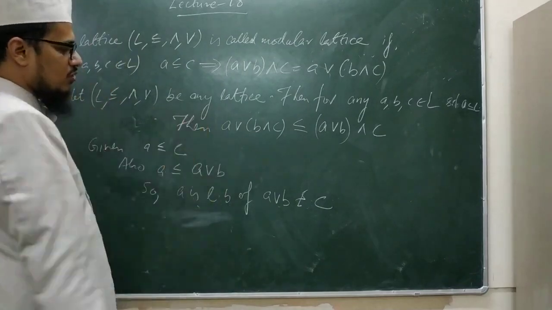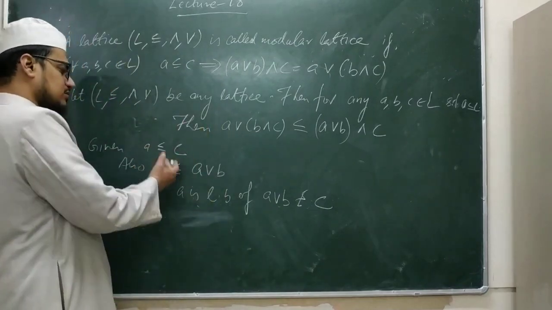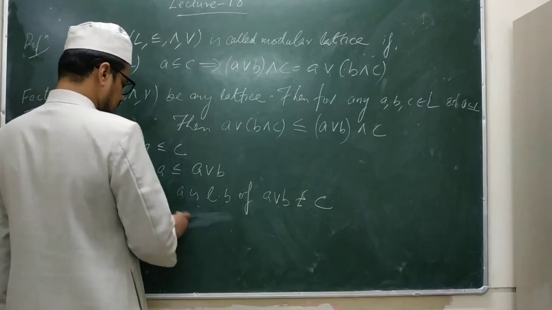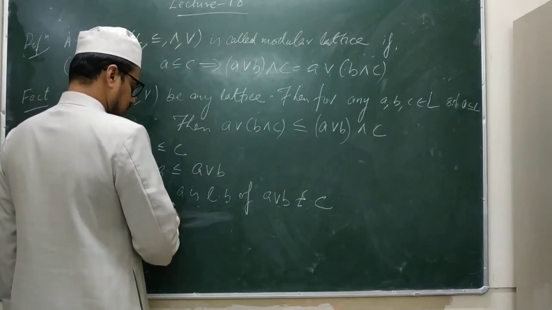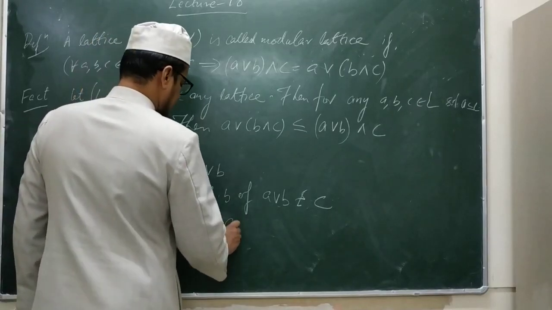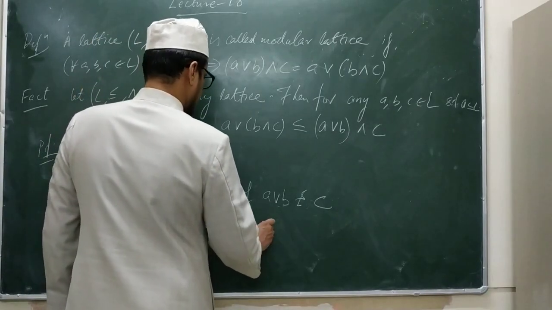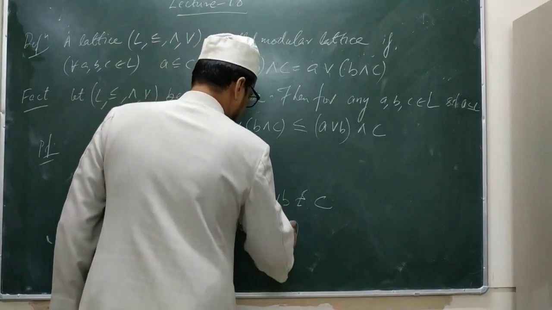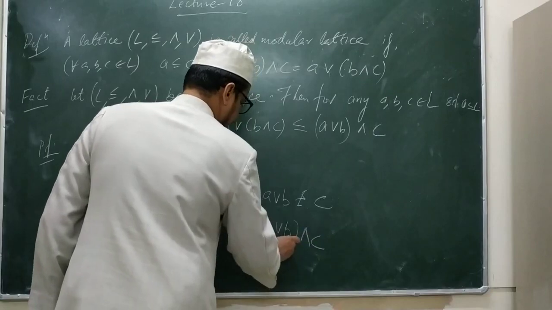Why? Because A is less than or equal to C and A is less than or equal to A join B. So obviously, therefore, A is less than or equal to (A join B) meet C, correct?